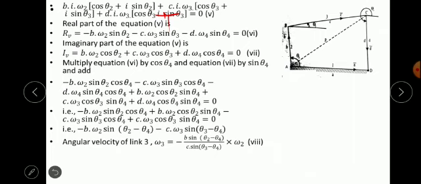You are grouping the same components together. Now, the angular velocity of link 3, omega 3, is equal to minus b omega 2 sin theta 2 minus theta 4 divided by c into sin theta 3 minus theta 4. This is equation number 8. This will give the angular velocity of link 3.